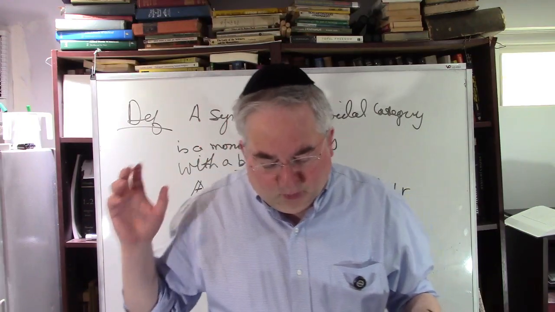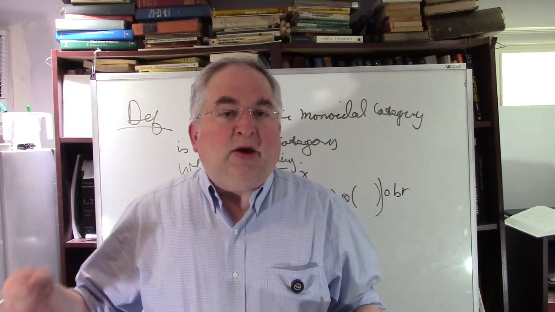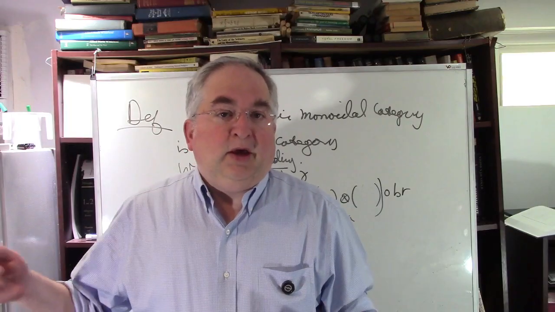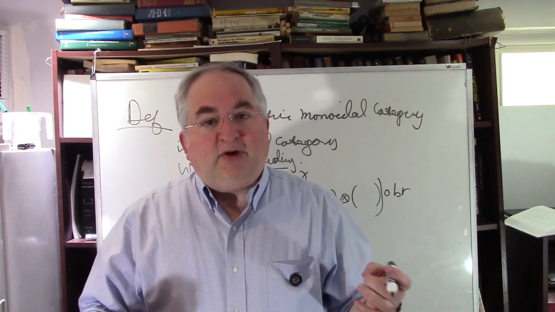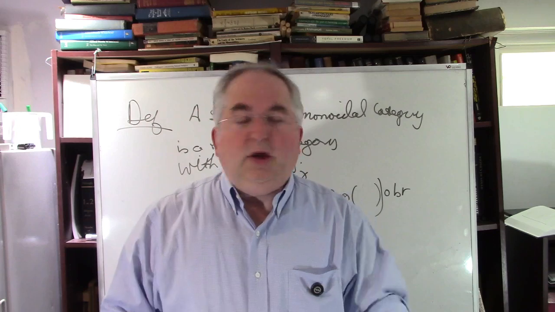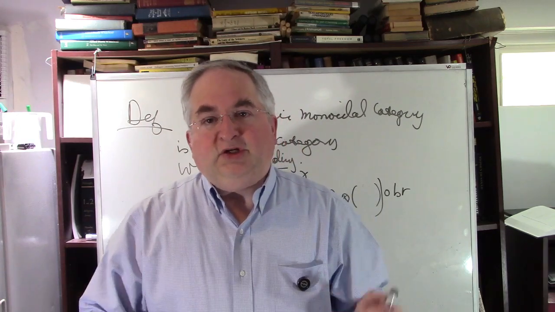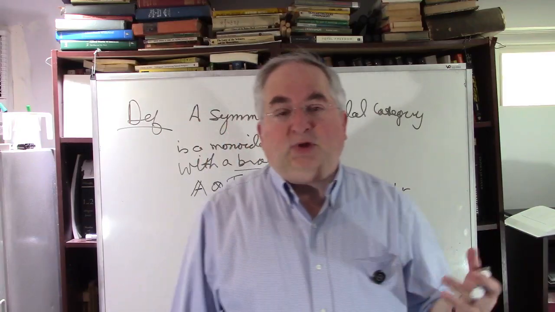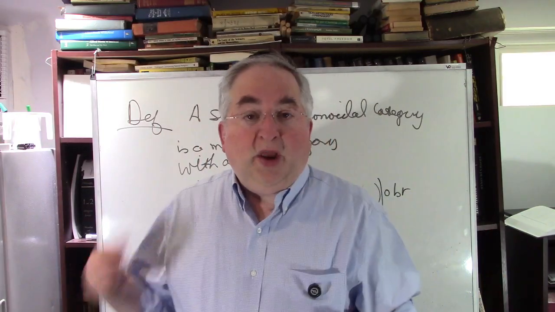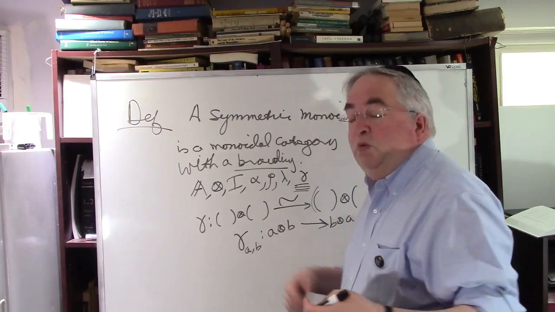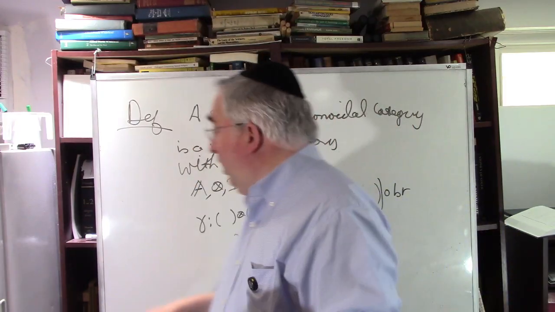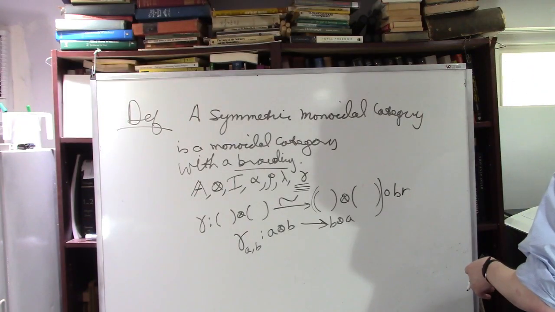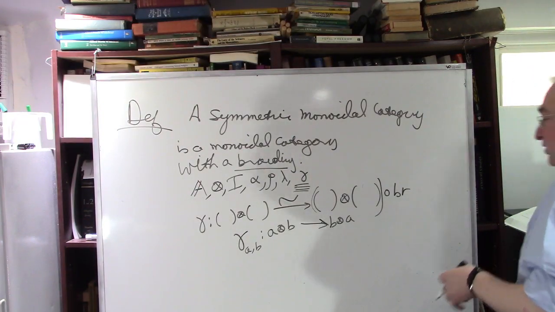Coherence theory is sometimes called higher dimensional algebra, and the reason is that whenever you have a new operation, like when you learn division, you want to see how division gets along with multiplication, addition, subtraction, etc. Here too, we want to see how braiding gets along with the other operations, and the answer is that it has the following three conditions.